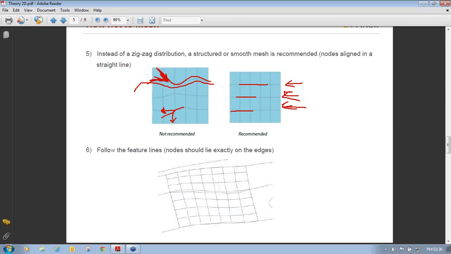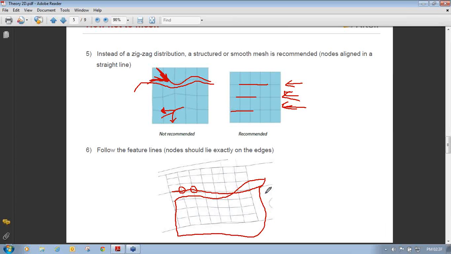Okay, then the next and the last rule followed in industry is to follow the feature lines, that is, nodes should lie exactly on the edge. We should always try to follow the geometrical feature lines, these are the feature lines we should follow, because if we don't follow the feature line and mesh something like this, we are not capturing the geometry properly, and if the geometry is not captured properly, that means you are changing the dimensions of the geometry.